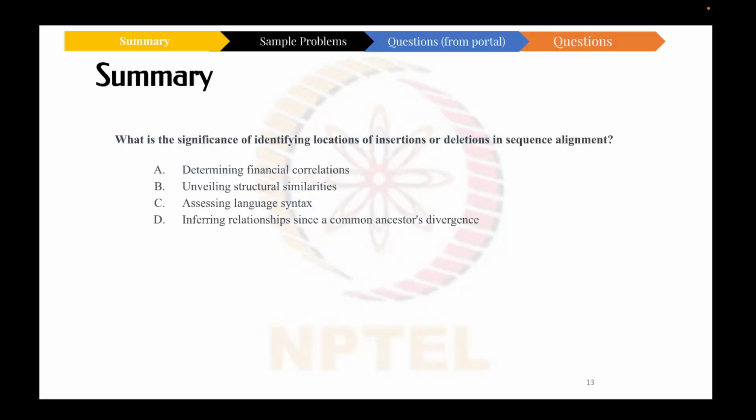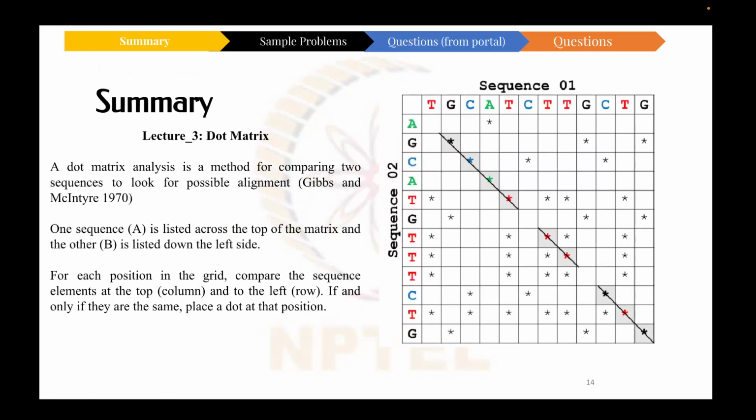Yeah. The significance of identifying the locations of insertions and deletions, shortly indels, in a sequence alignment is inferring relationships since a common ancestor's divergence.